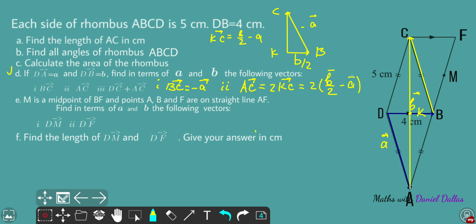Finally, if we expand the brackets, it's going to be B minus 2A. That's your final result for AC. Oops, my misprint, sorry. Minus 2A, because we expanded the brackets.